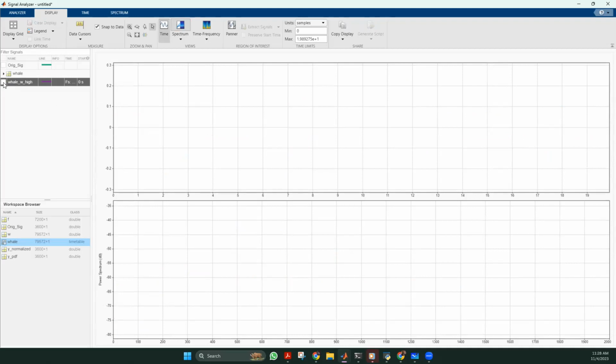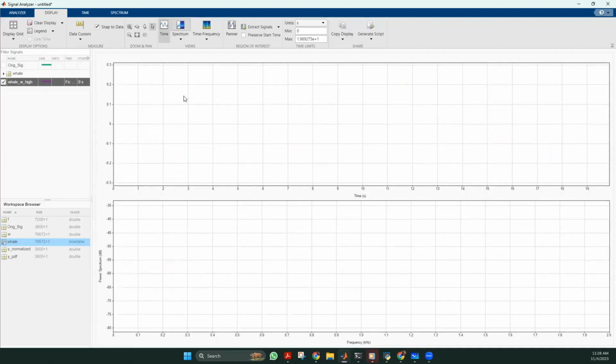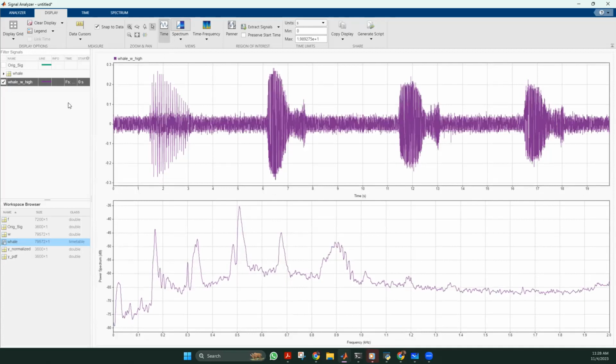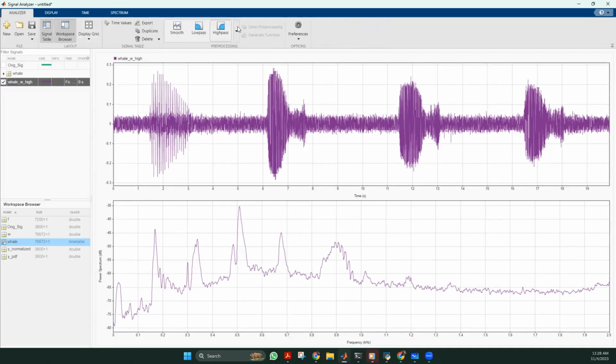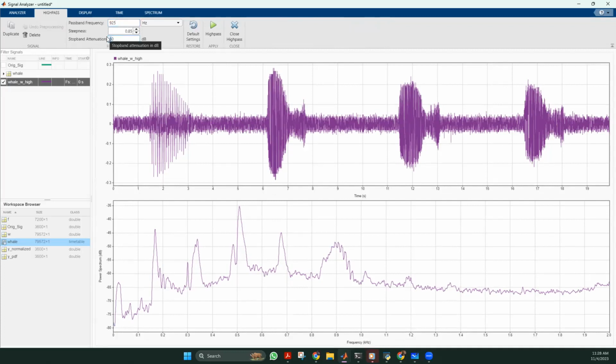Then I select this display and then I select the one that I'm going to do high pass filtering on. Then I go to the analyzer and go to high pass, and then I can select a frequency above which I want to do high pass filtering. And then I can select the stop band attenuation based on my requirements. I will put 80 dB.